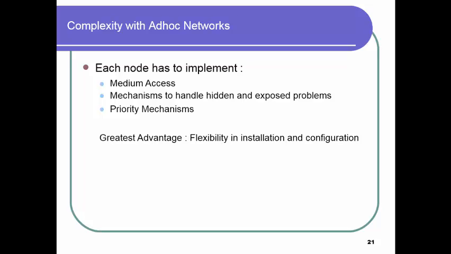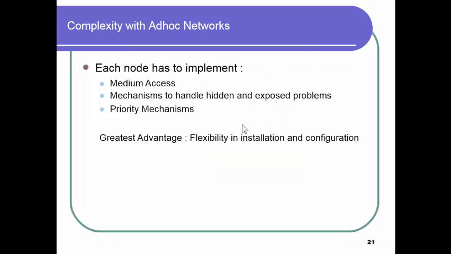Then about the complexity with an ad hoc network. Here each node has to implement a medium access mechanism to handle the hidden and exposed terminal problem, and priority mechanisms are required in each node. So these configurations are required in case of ad hoc networks.